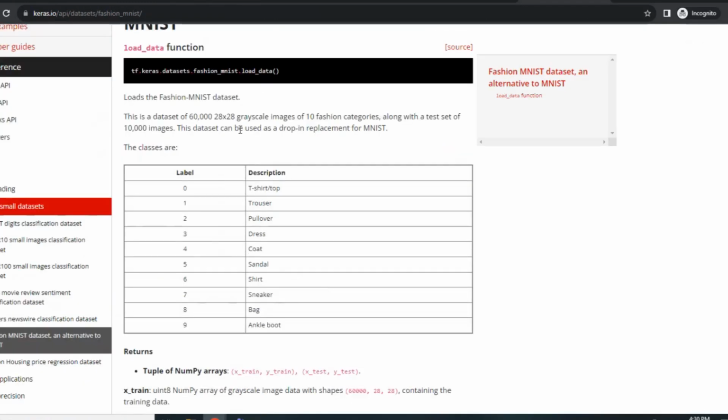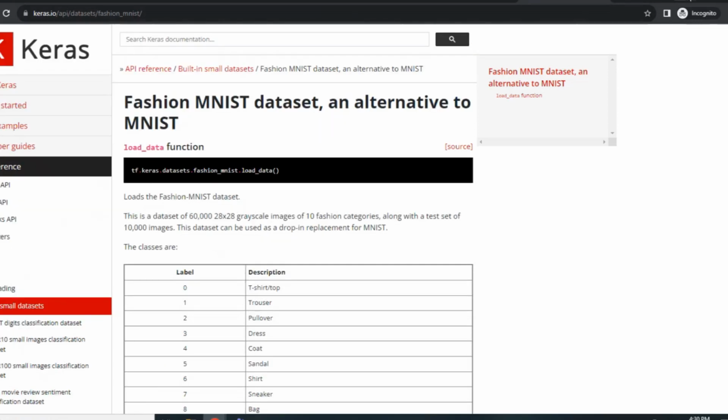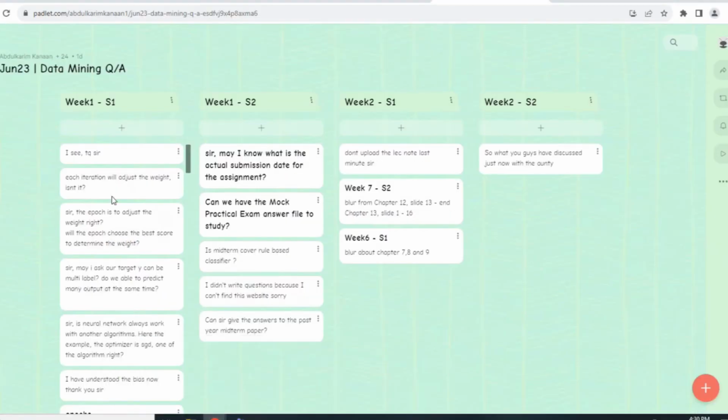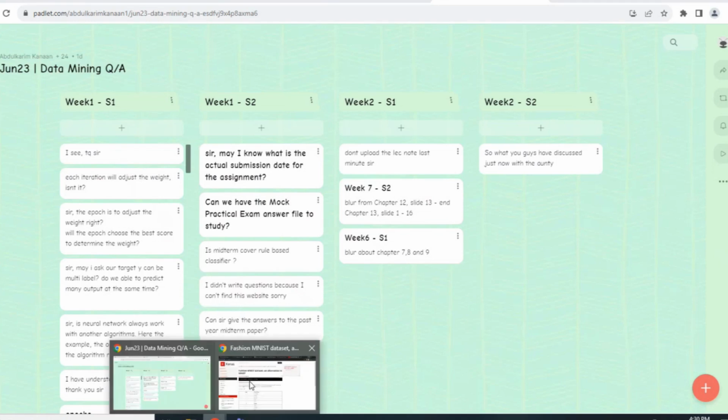So this data set has how many classes? We have 10 classes. So the data has already been labeled and provided for us, and we have 10 classes. So we're going to use this fashion MNIST data set available inside Keras for the following example. So still no question.